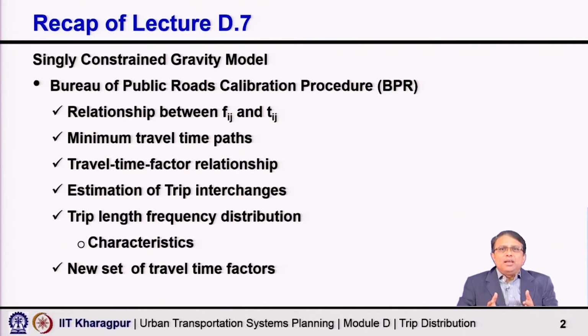However, we may find that although the percentage of total trips with that travel time is matching, that 10 minute travel might be coming from 3 or 4 different cells. The total is matching with the observed one, but cell to cell still does not match. That means there is something beyond the travel time or beyond this friction factor.